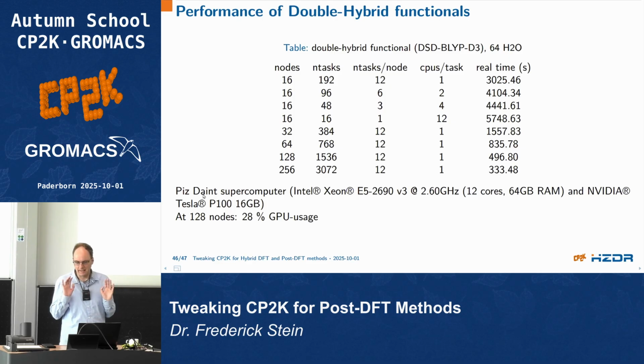So the numbers are a little bit outdated, but I think should be still similar with modern computers. If we scale out, the chip usage drops down to 28%, mostly because of communication and the Hartree-Fock part.